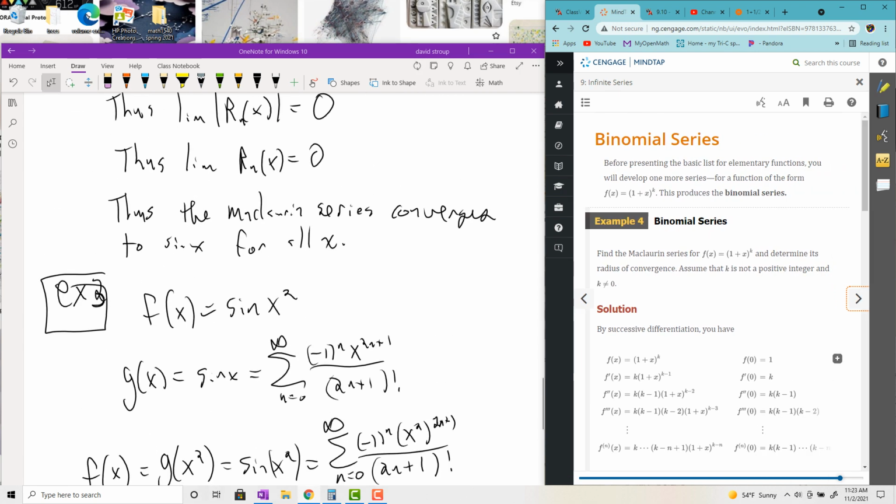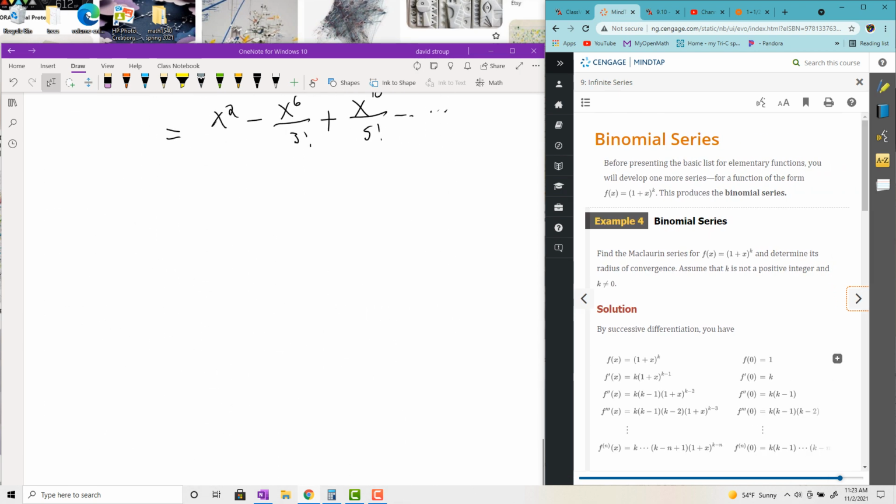Something we haven't played around with up until this point is the binomial series. You may have seen the binomial series with regards to Pascal's triangle, where you're quickly expanding things like (1 plus x) cubed. You can do that quickly via Pascal's triangle, where the numbers tell you the coefficients on the polynomial that's generated.